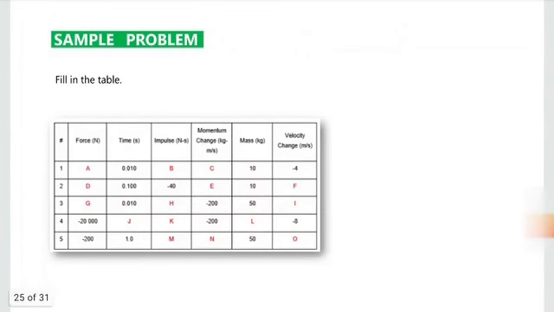Okay, let's fill in the table. Of course, we're not going to fill in all of them. It's like a puzzle: there's force, there's time, there's impulse. I forgot to tell you the unit of impulse, but you can see it here. Since impulse is force times time, it is Newton times second, or N·s. On the other side, mass times change in velocity is equal to the momentum change.